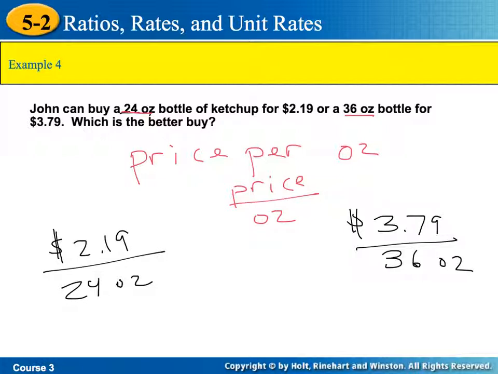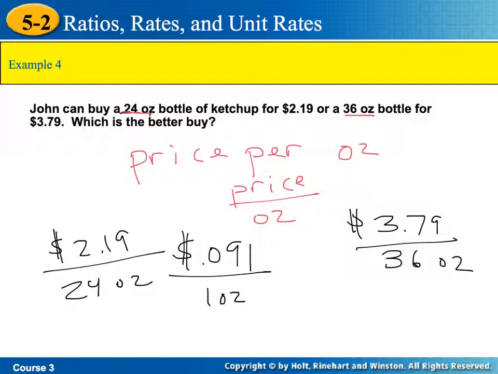So how do I figure out price per ounce? I take my 2.19 and divide it by 24. My answer to the nearest hundredth is 0.091 over 1 ounce. Next one, I need to take 3.79 and divide that by 36.